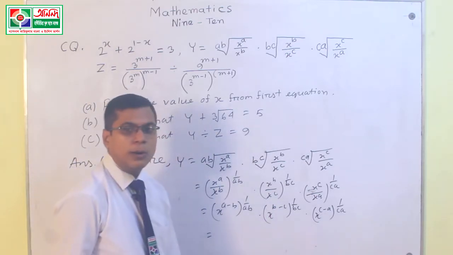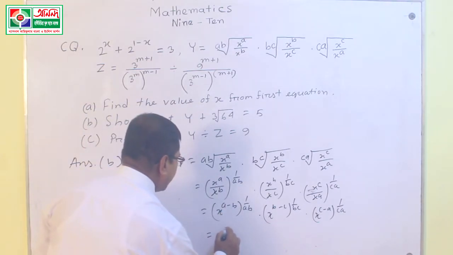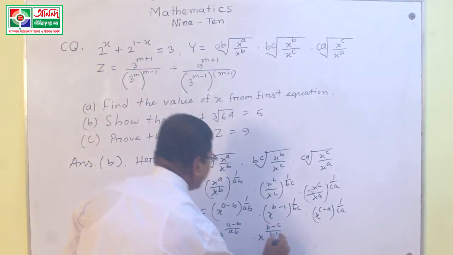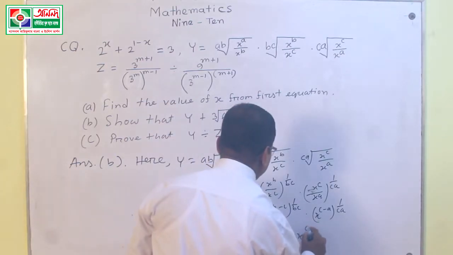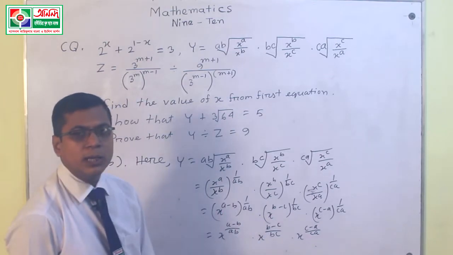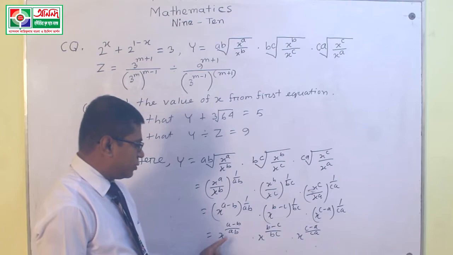We know power and power is multiplied, so we can write here x to the power a minus b divided by ab into x to the power b minus c divided by bc into x to the power c minus a divided by ca.